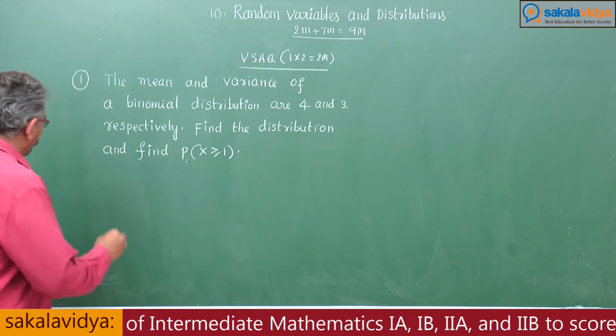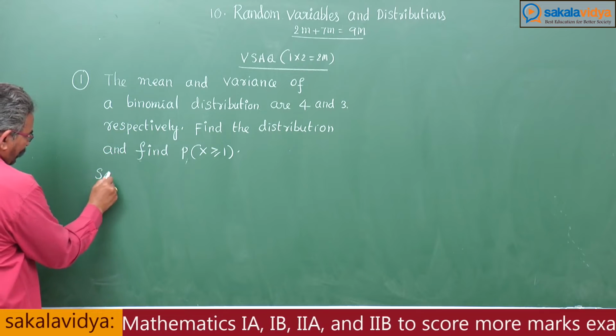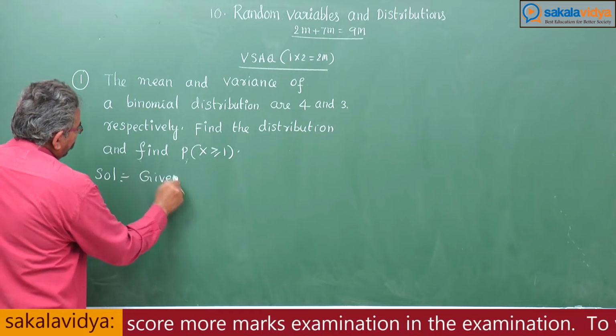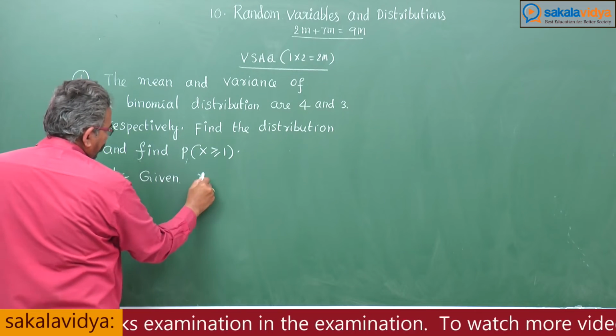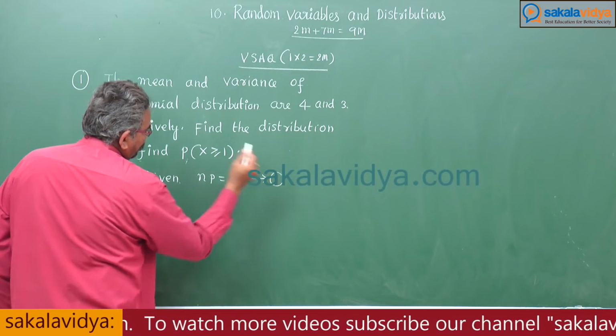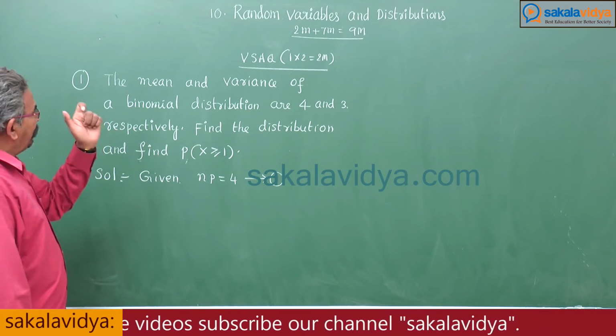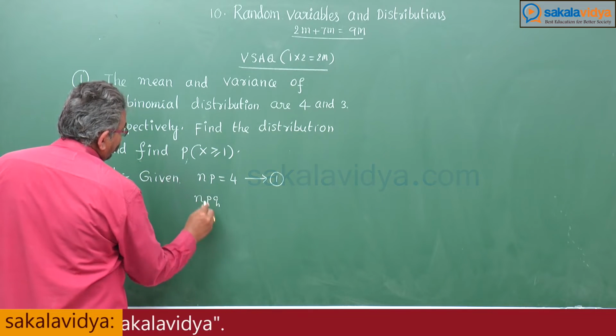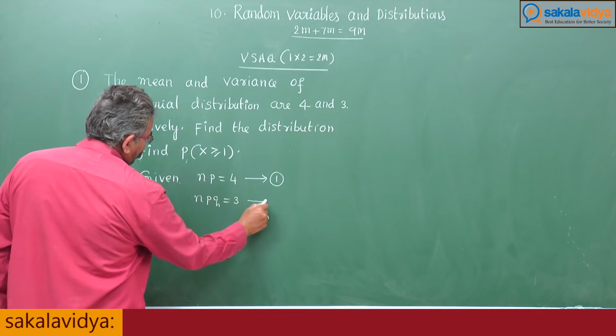Okay, let us go. Given mean, mean means np. np is equal to 4, say equation 1. Variance is npq, that is equal to 3, equation 2.